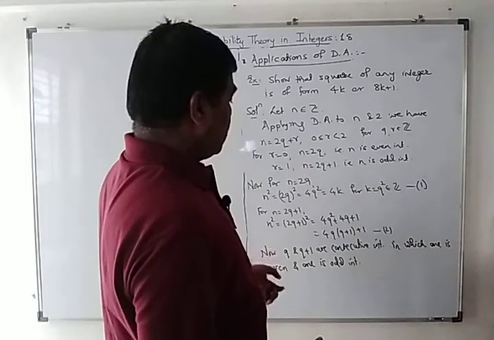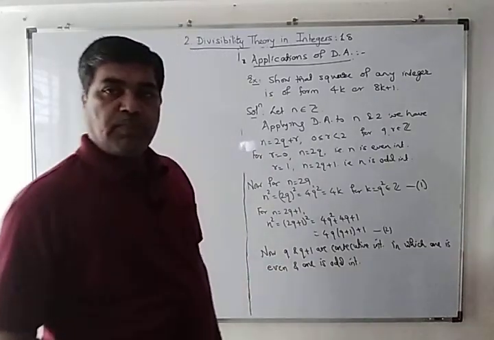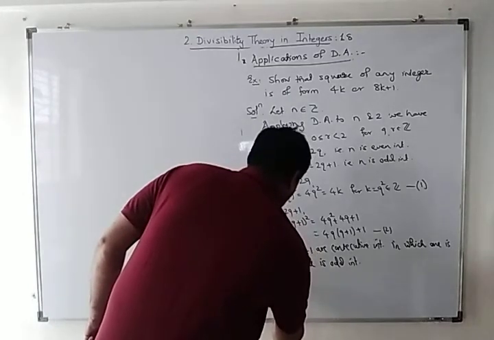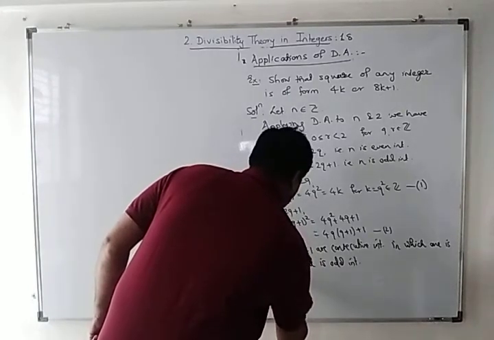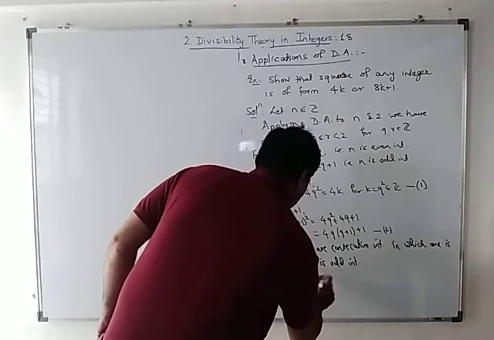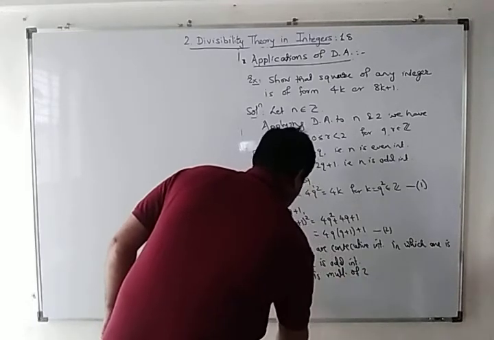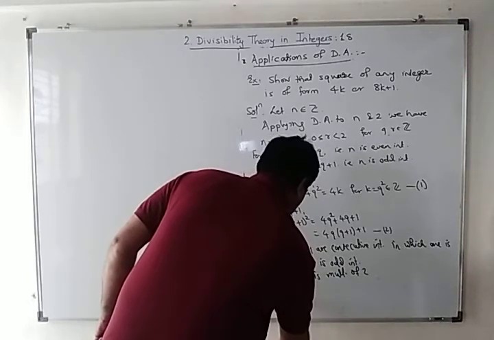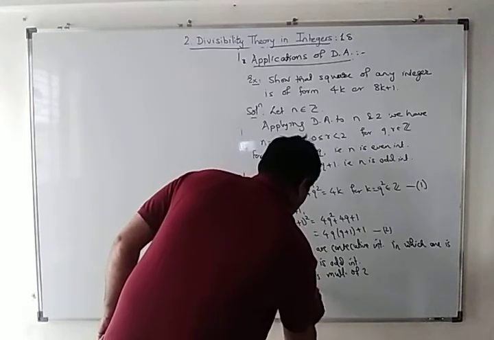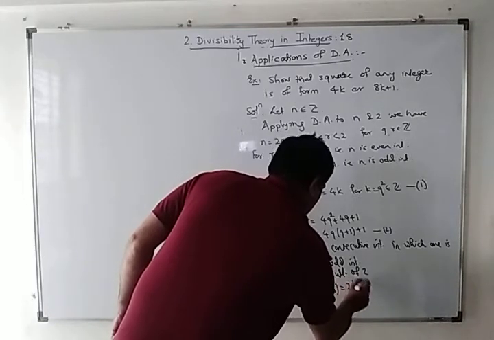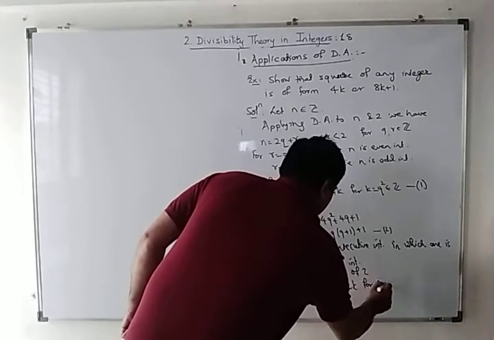Therefore, q into (q plus 1) is a multiple of 2, or divisible by 2. Suppose q into (q plus 1) is equal to 2k for some k belongs to Z.